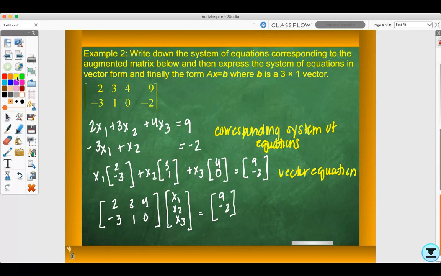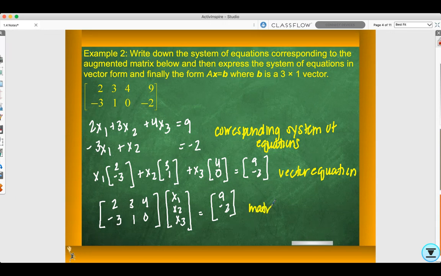And you need to know all three of these forms, because you will be asked to go from this matrix to a corresponding system, to a vector equation, to a matrix equation in a problem.